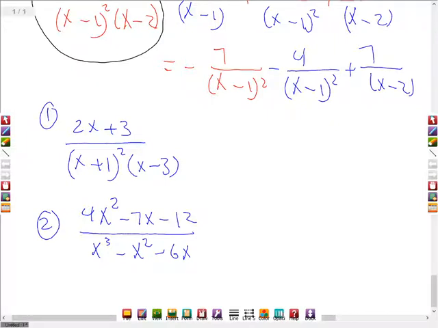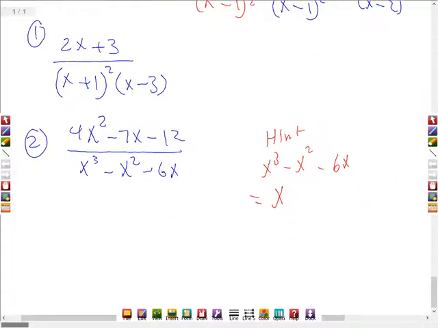Just a hint for this. X cubed minus x squared minus 6x equals x. Take x as GCF. Becomes x squared minus x minus 6. Then factor this. I'm going to give you the hint. X minus 3 and x plus 2.